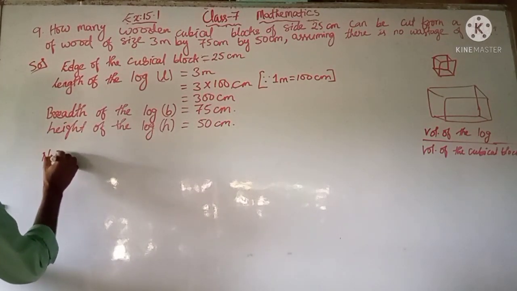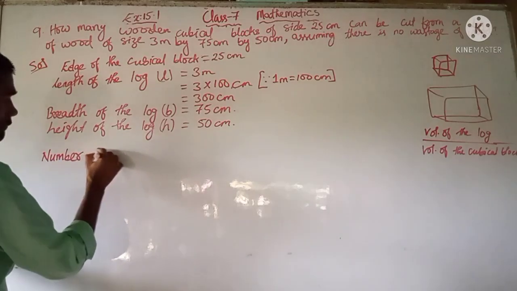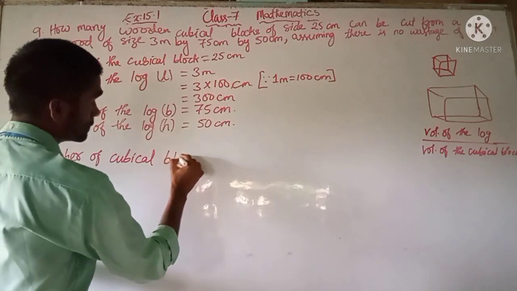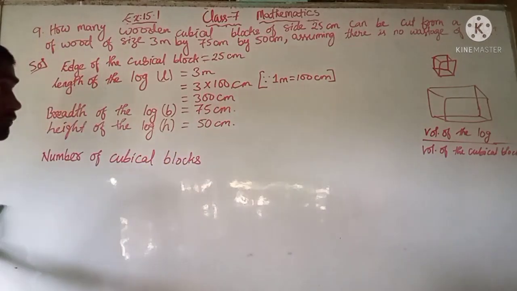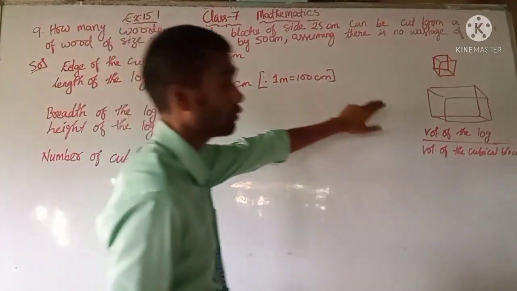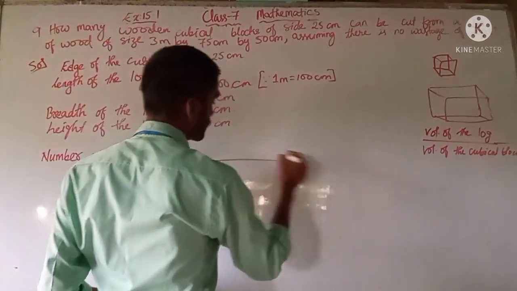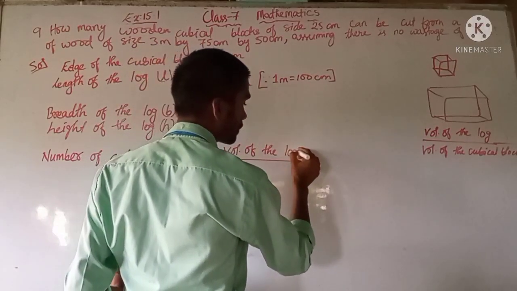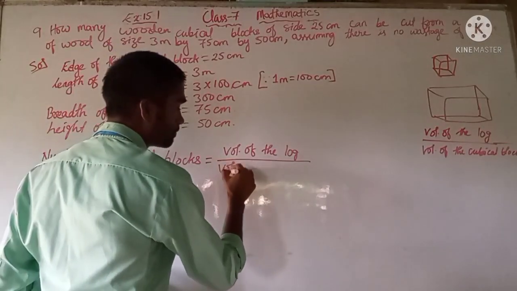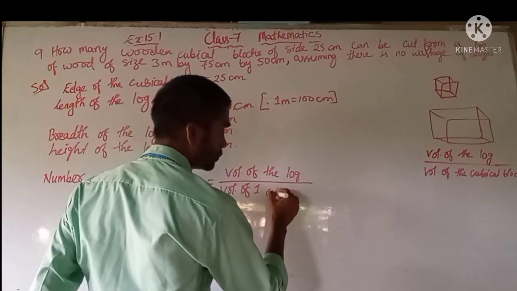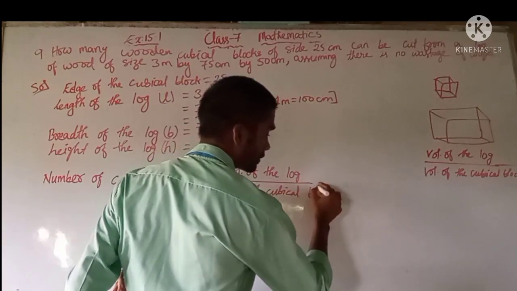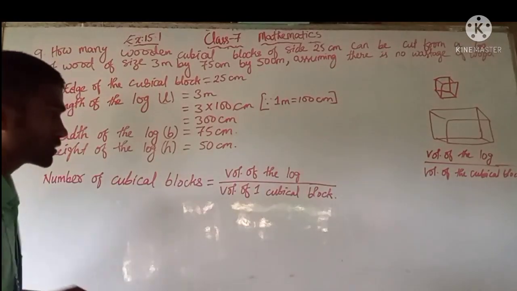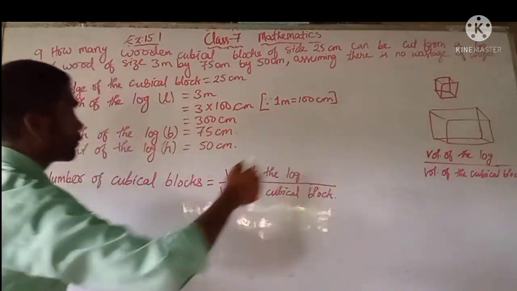Therefore we will write here number of cubical blocks that we can obtain from that log, it is equal to the volume of the log divided by the volume of one cubical block. So now volume of the log, what is the log?